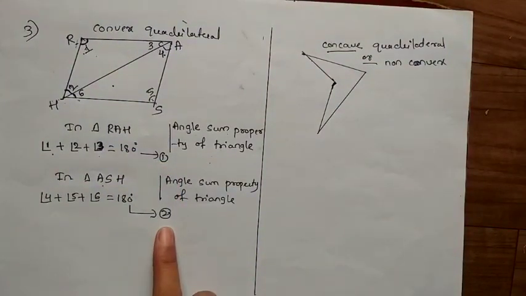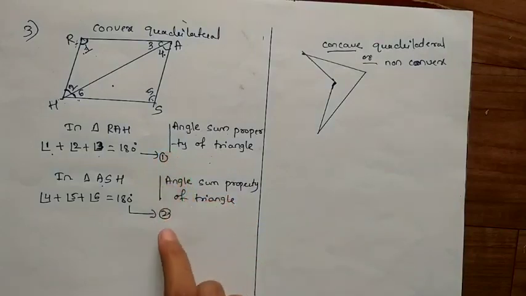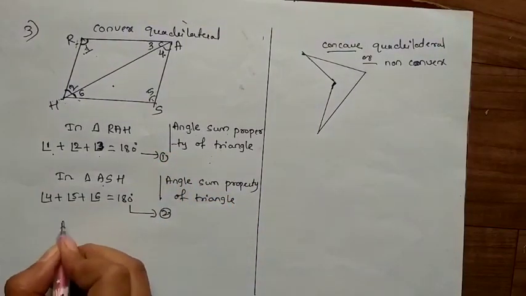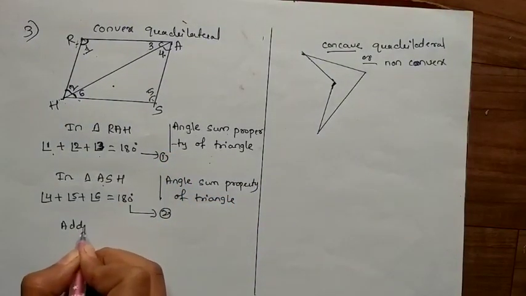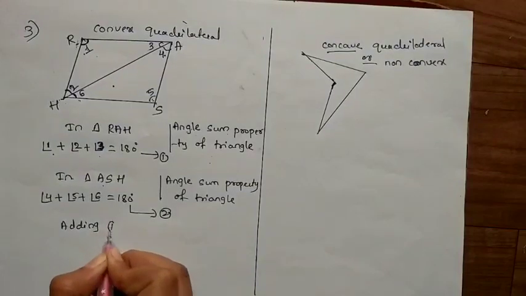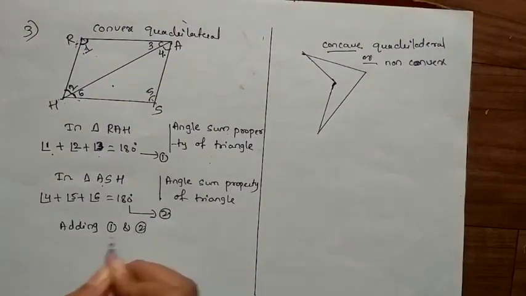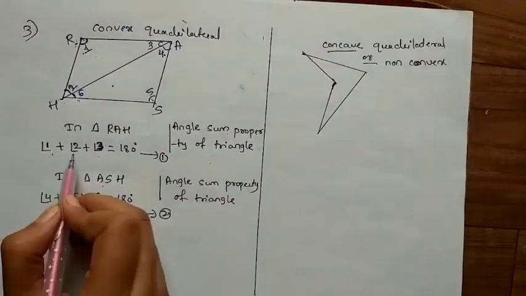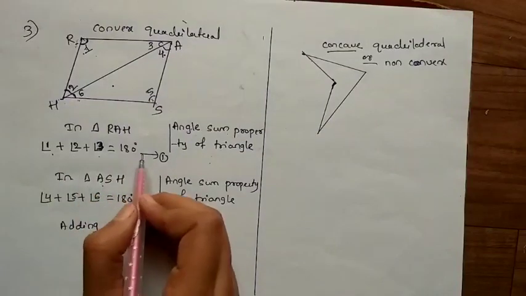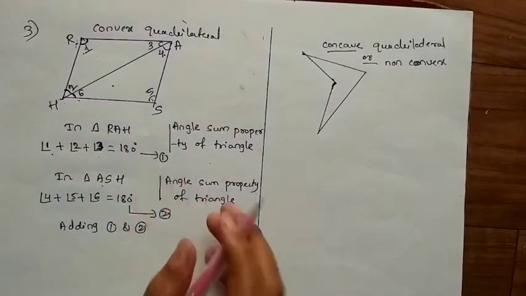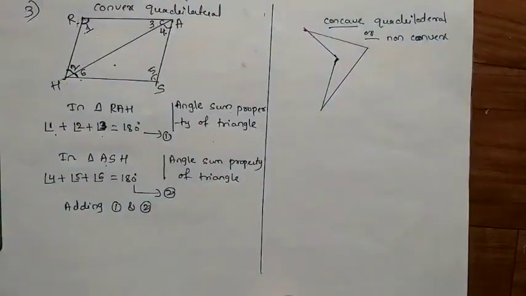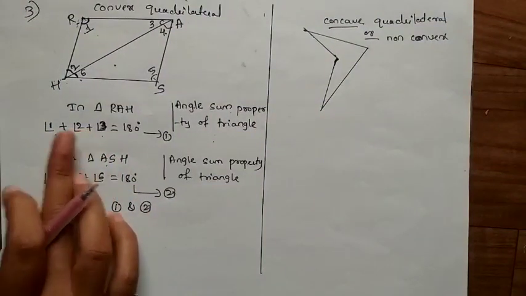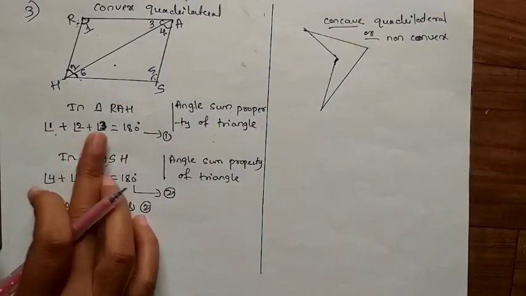Now I am going to add equation 1 and equation 2. When we add the equations, we always add the left hand side separately and the right hand side separately. The left hand side of equation 1 is angle 1 plus angle 2 plus angle 3.